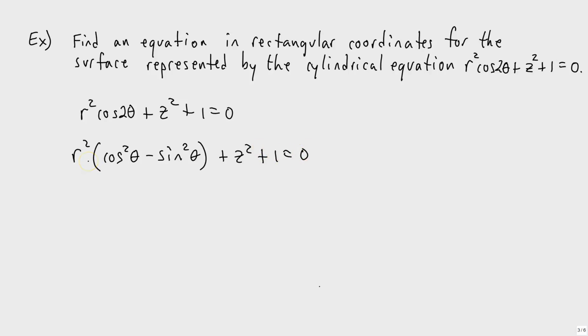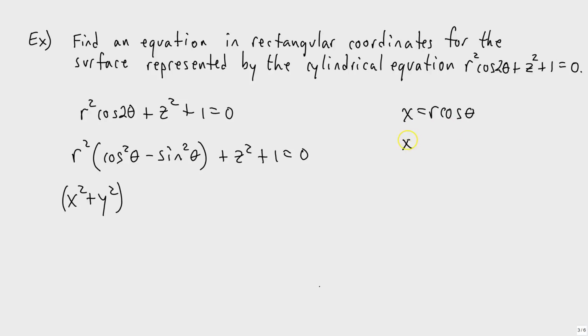And r squared, we know r squared is x squared plus y squared. And then cosine squared, well, we know x equals r cosine theta.